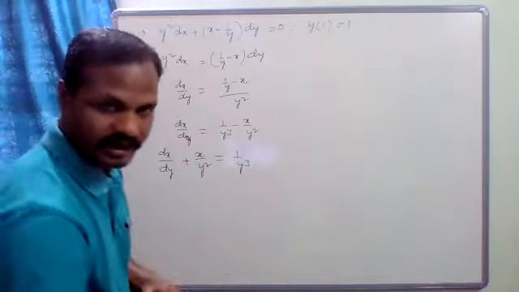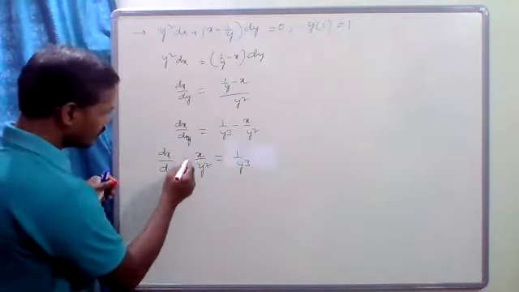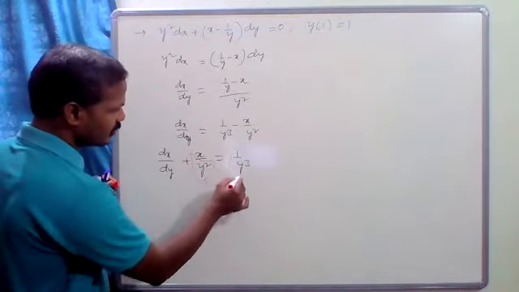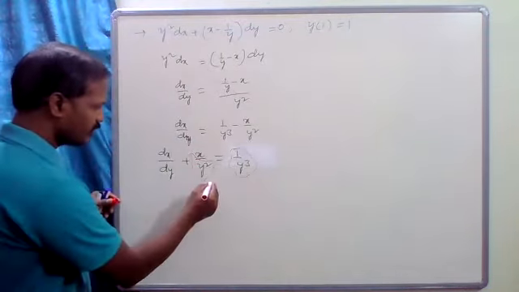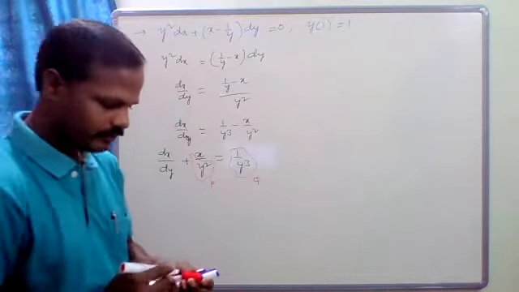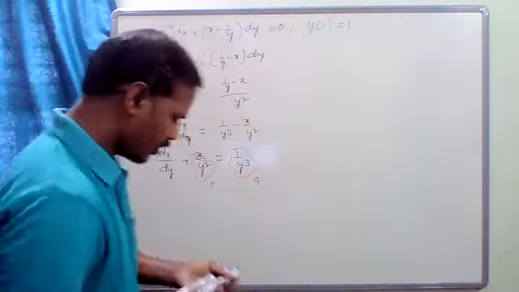Here what is p? The p is 1 by y square, and this one is q: 1 by y cube. Now what is if?